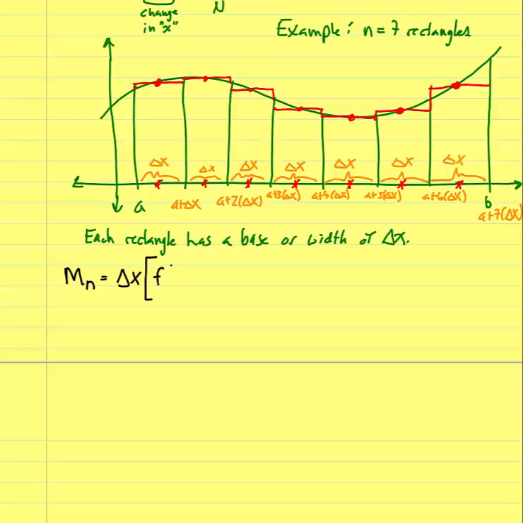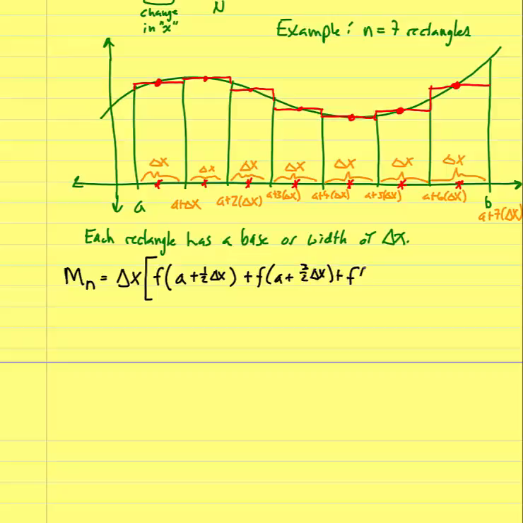Okay, so that was f of what? Well, it looks to me like it was a, so we're going to start at a, and then I just want to move up a half a delta x. Not a whole delta x, just a half delta x. Okay, so let's look at our next one. I'm going to start at that a again, but here's a half of a delta x. Here's another half, and here's another half, so that would be a 3/2 delta x.